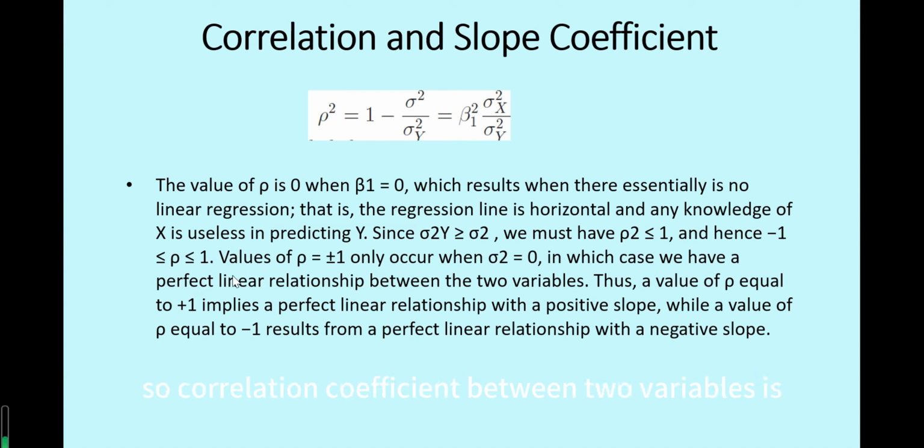The correlation coefficient between two variables is scale-free; it should lie between minus 1 and 1. But the slope coefficient is not necessarily between minus 1 and 1. It is not scale-free, so beta 1 can be any value, right? This is different, and their relationship is the multiplication by sigma x square divided by sigma y square. So this is the relationship between the correlation coefficient and the slope coefficient in linear regression.